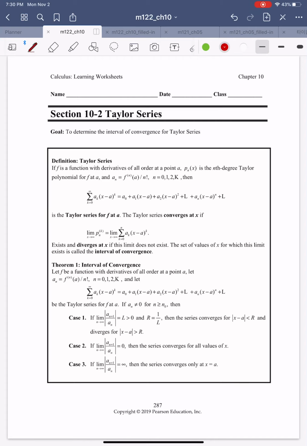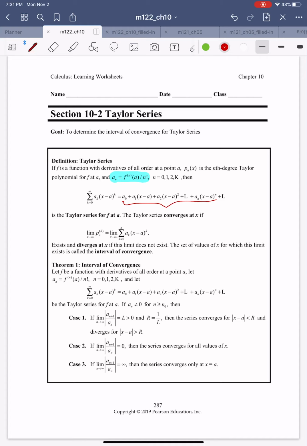Here's the definition of a Taylor series. If a function f has derivatives of all orders at a point a, P sub n of x is the nth degree Taylor polynomial for f at a, and a sub n is f to the n of a divided by n factorial. This is the coefficient formula we have already seen earlier.